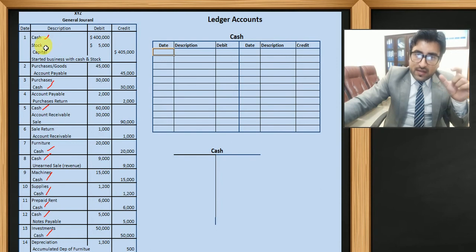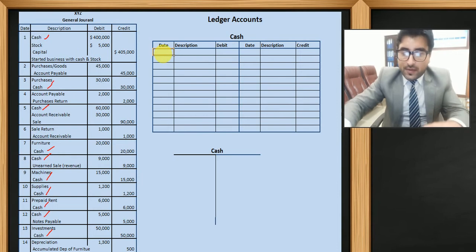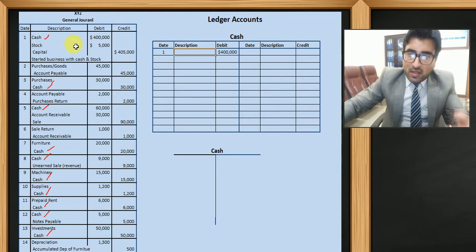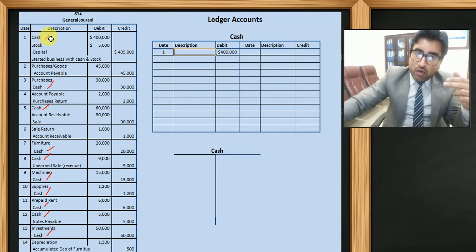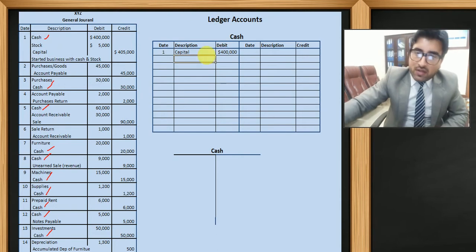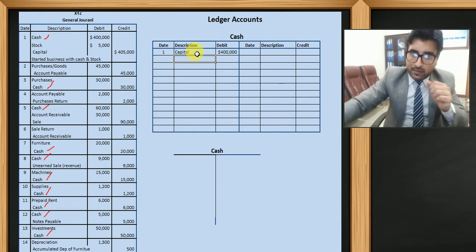In the first date we have cash debited, how much? $400,000. So date first, cash debited $400,000. In the description just mention the corresponding credit entry of cash, that is capital. So the cash account is debited $400,000 because of capital.